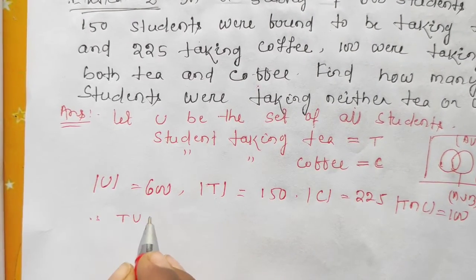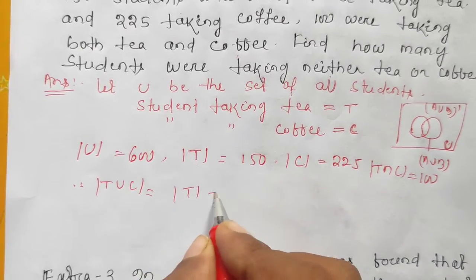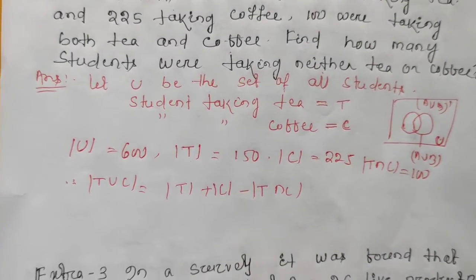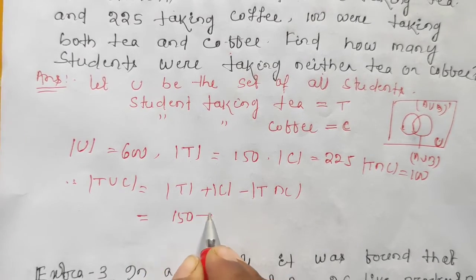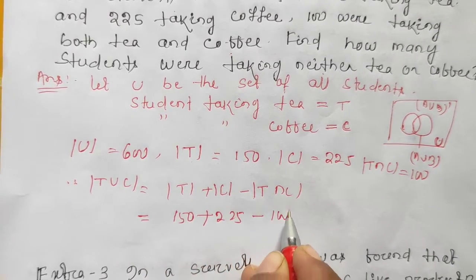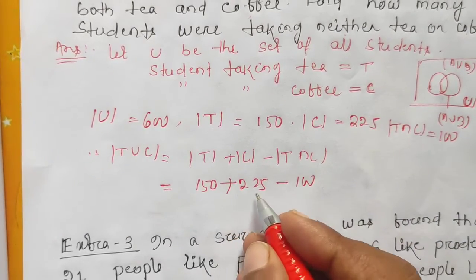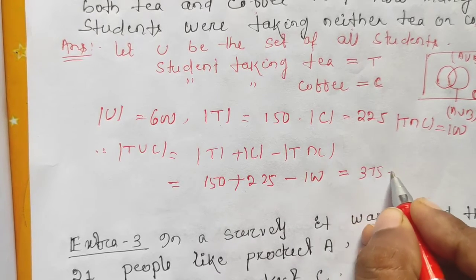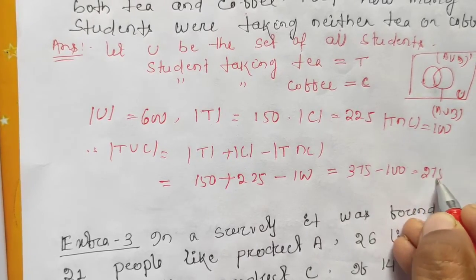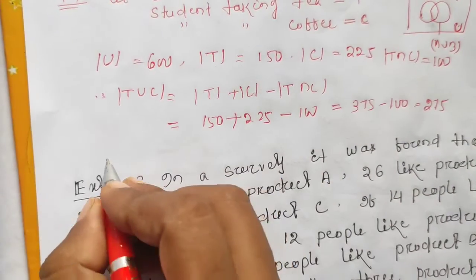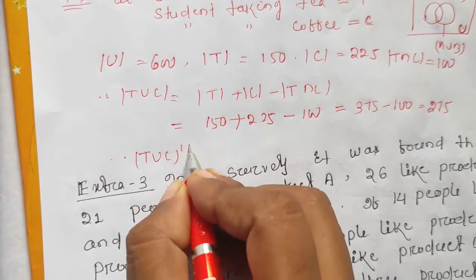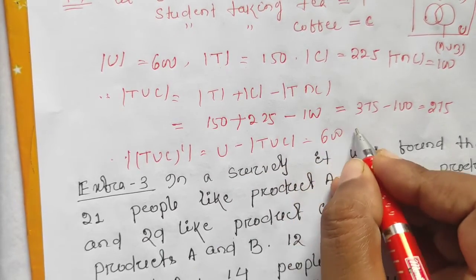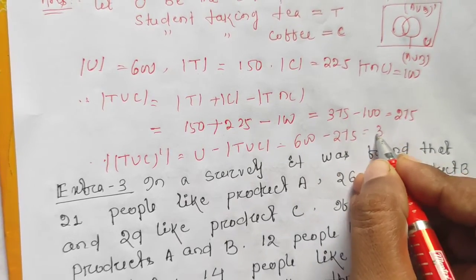Hence |T union C| is equal to |T| plus |C| minus |T intersection C|, which is 150 plus 225 minus 100. 150 plus 225 is 375, minus 100 is 275. Hence |(T union C)'| is equal to U minus |T union C|, which is 600 minus 275 is equal to 325.